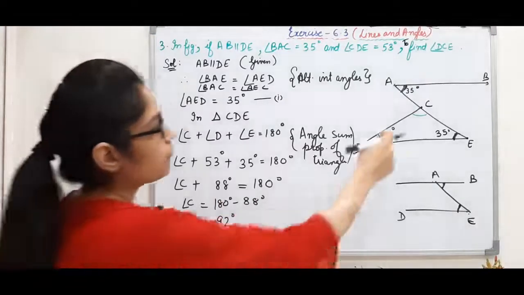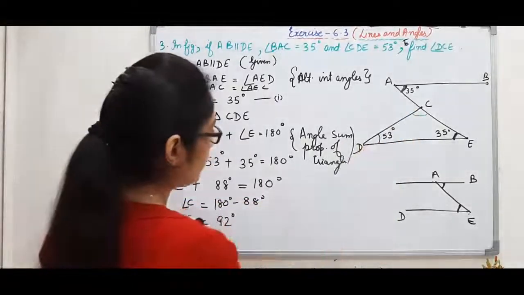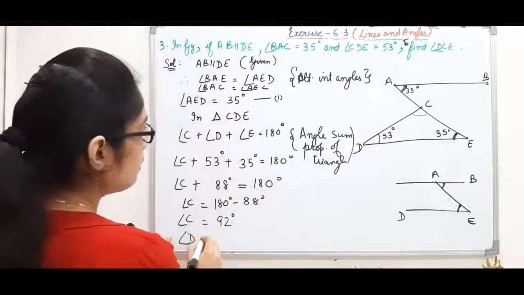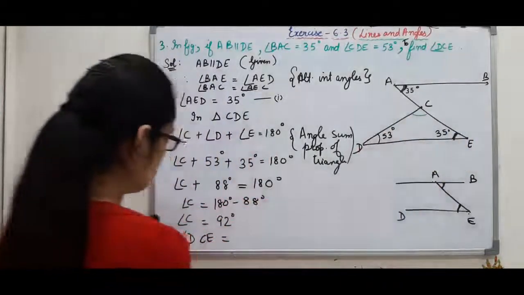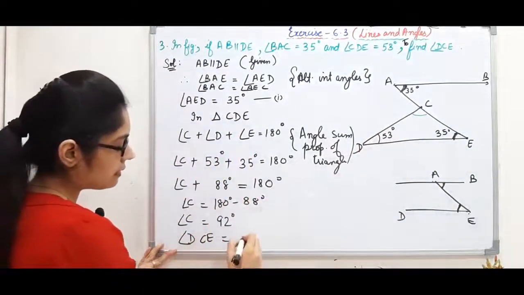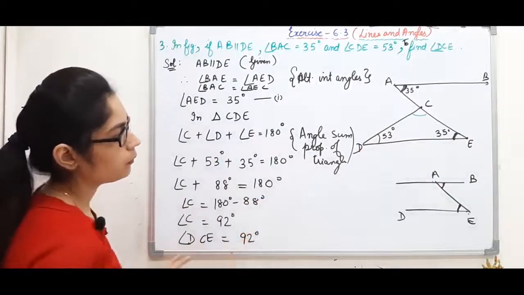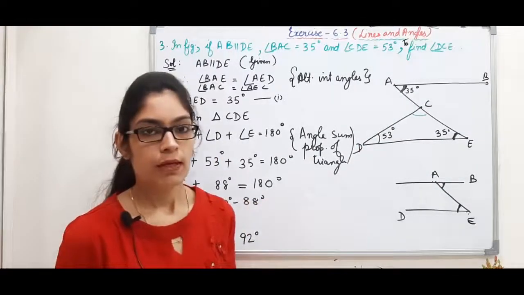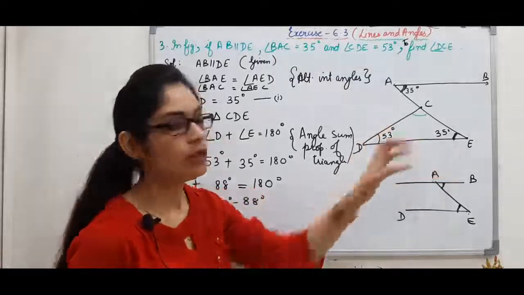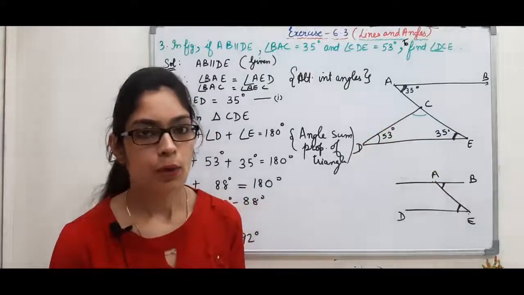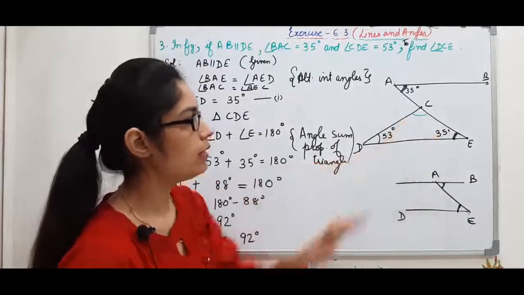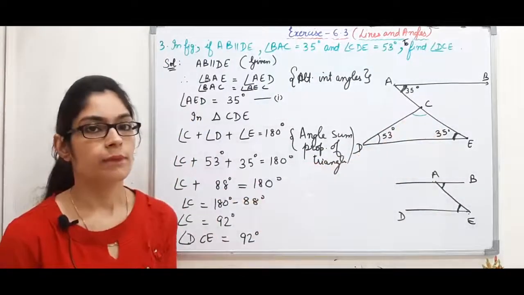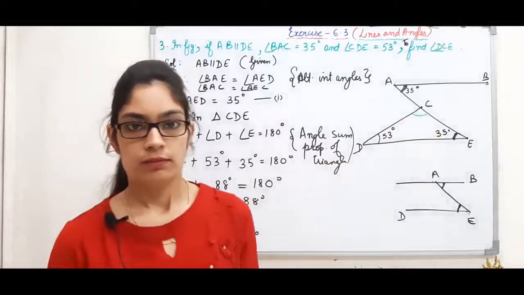So angle C, we can also write it as angle DCE, full name also we can write DCE. So from here we got angle DCE is equal to 92 degree. So same way we have used the angle sum property, and we have found the value of angle C equals to 92 degree. Now let's do the next question.